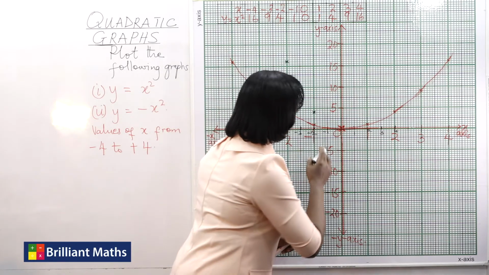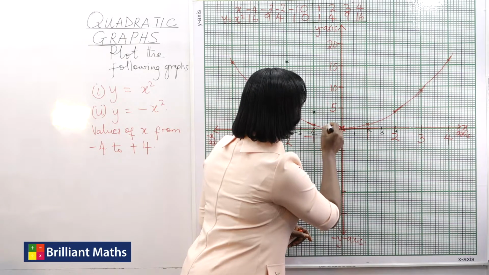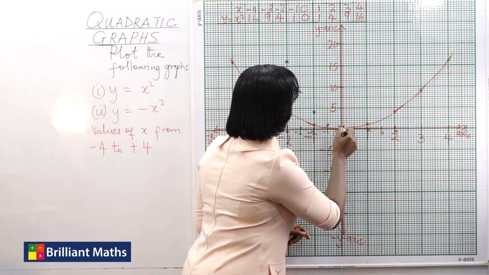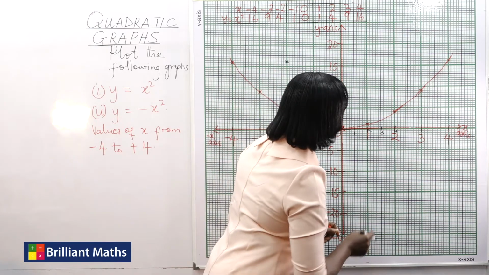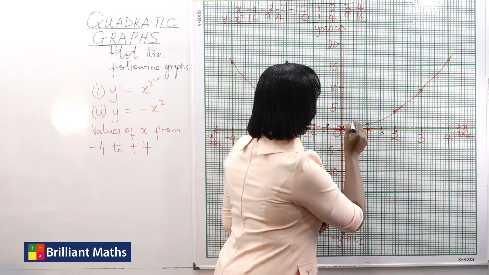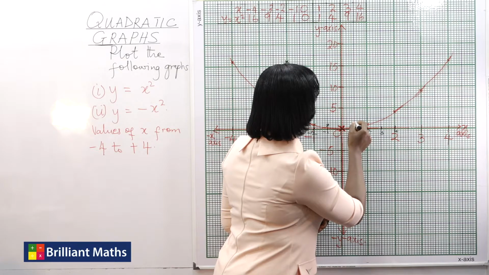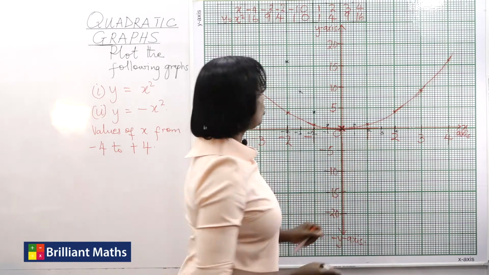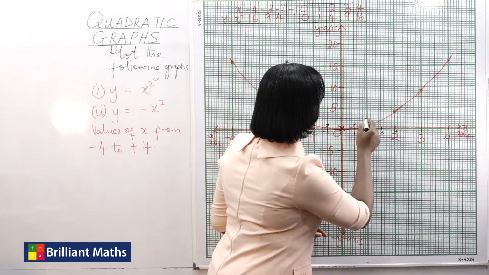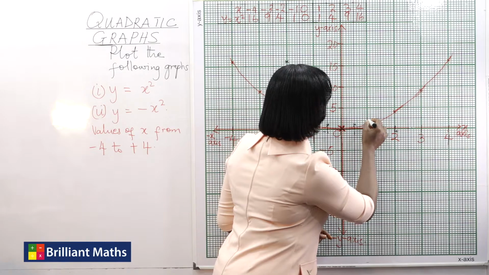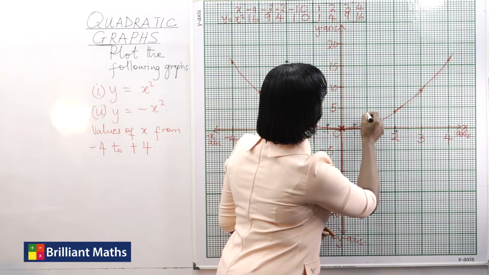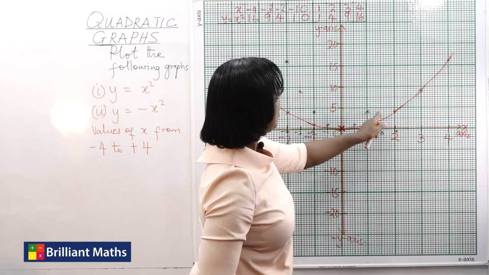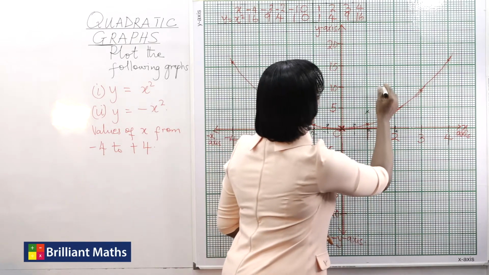When x is minus 1, y is positive 1. x is 0, y is 0, same point. x positive 1, y positive 1. x positive 2, y 4. x positive 3, y 9.